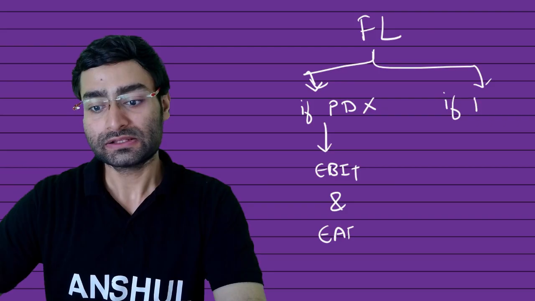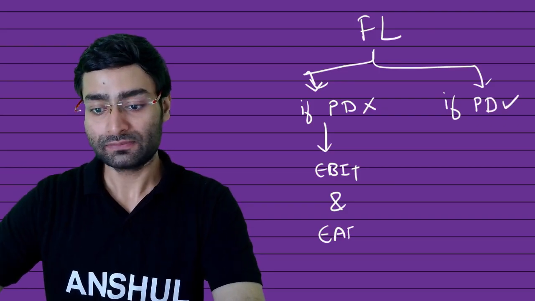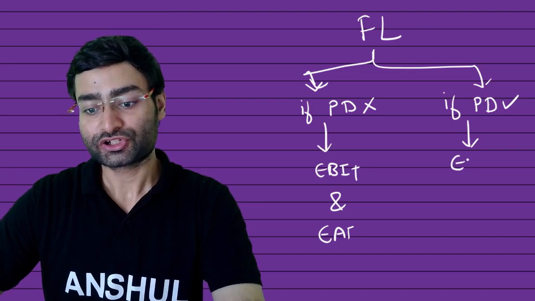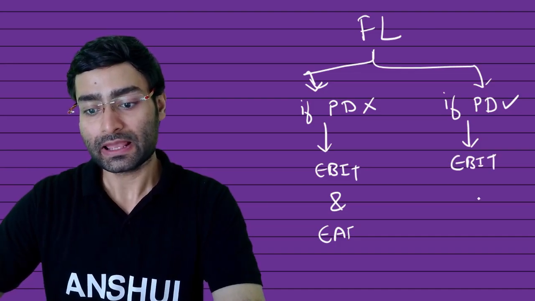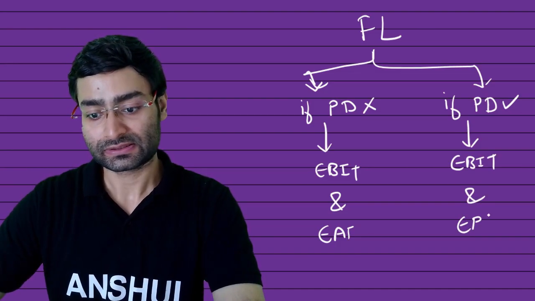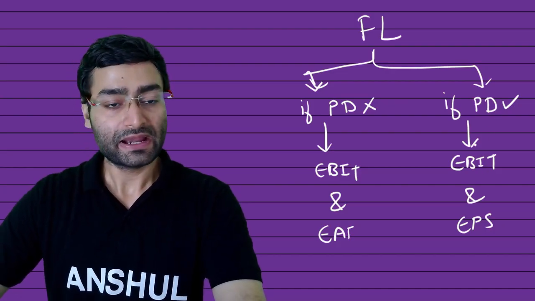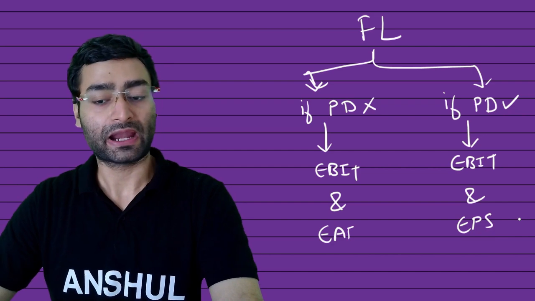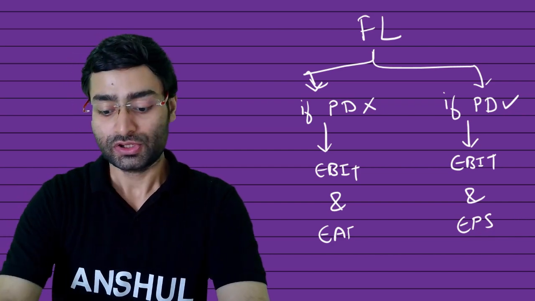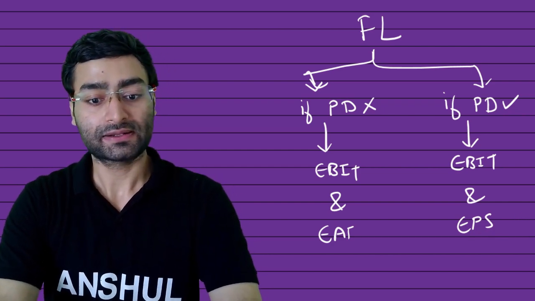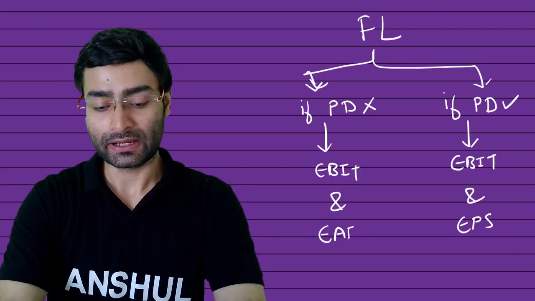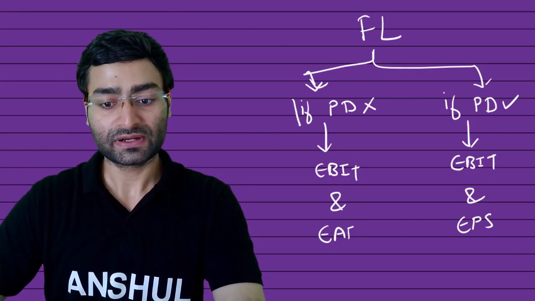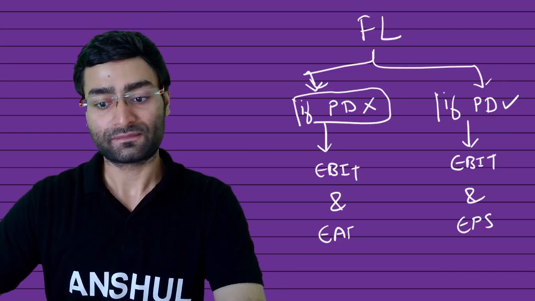And if there is preference dividend available, the financial leverage is the relationship between EBIT and EPS. If EBIT changes by 1%, the EPS will change by 1% multiplied by financial leverage. So you have to understand these two types of interpretations and two types of formula, if there is preference dividend and if there is no preference dividend.